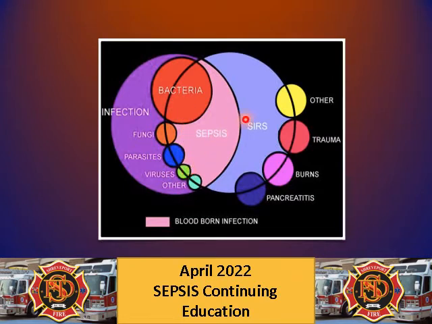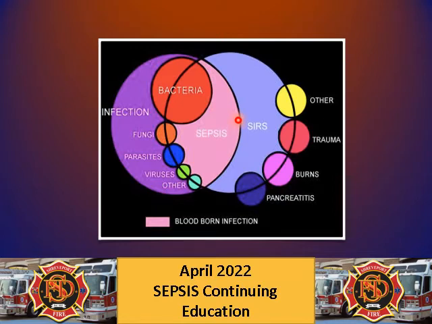Now, if you go to the right, SIRS, or the systemic inflammatory response syndrome, is going to be caused by multiple things: trauma, burns, pancreatitis, inflammation. And so once you identify the SIRS, then you must also look for the trigger. Infection from a type of germ like a bacteria, virus, or fungi is possible, but as you can see here, there are other conditions than infections that can result in the SIRS response.